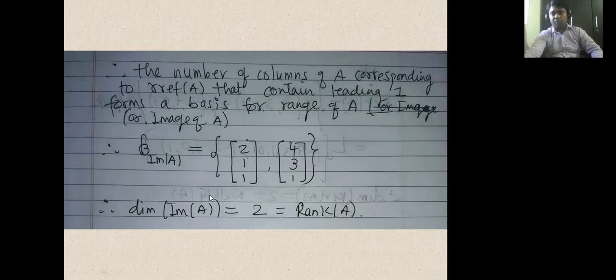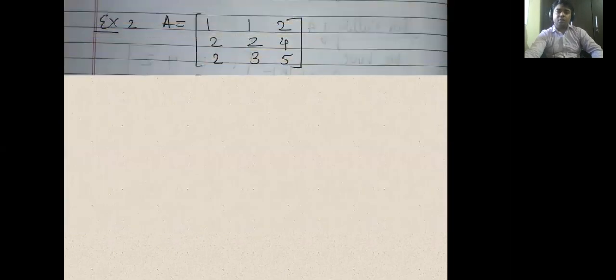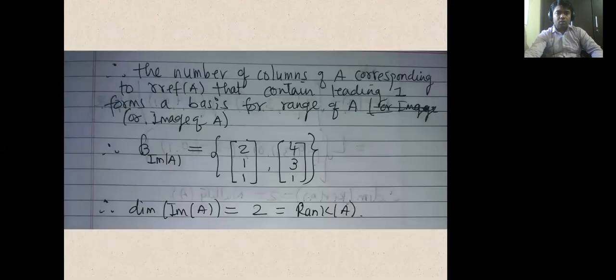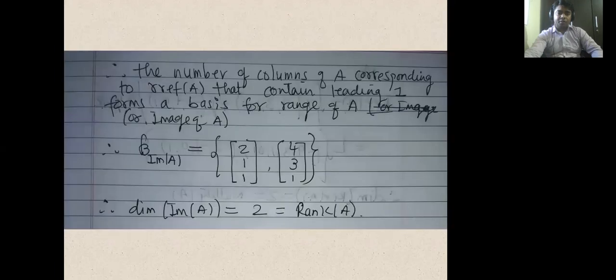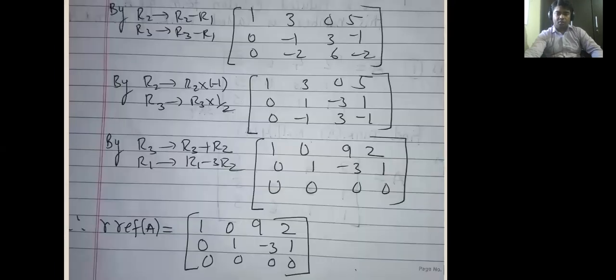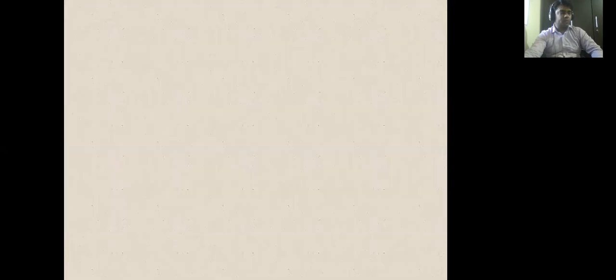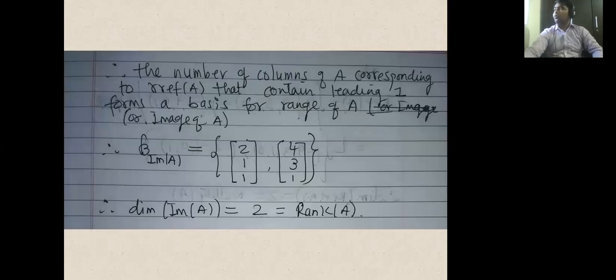Now to compute the nullity of a matrix, what we have to do is, in the row reduced echelon form, whatever rows are there which didn't vanish, we have to pick them up first.